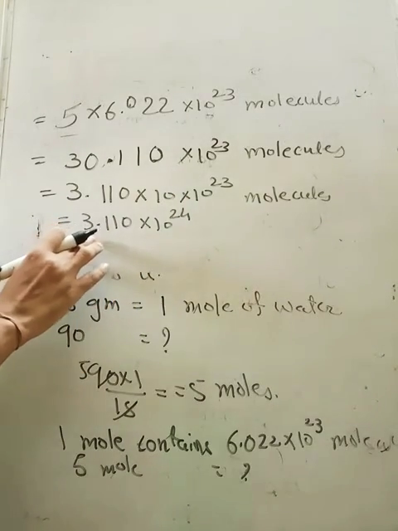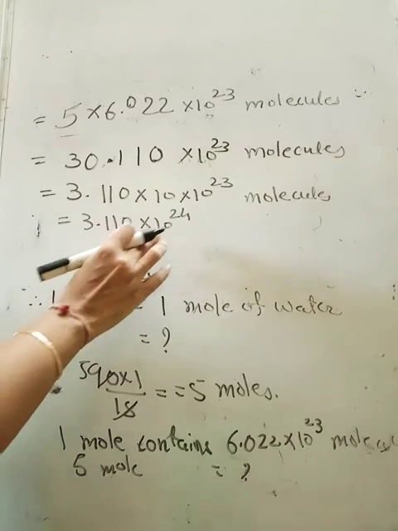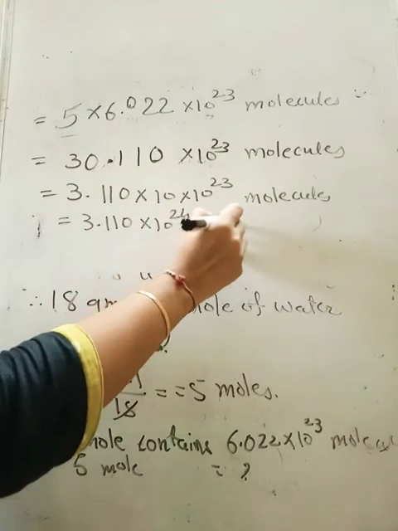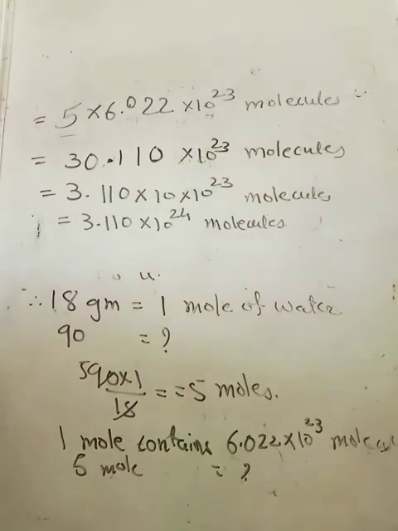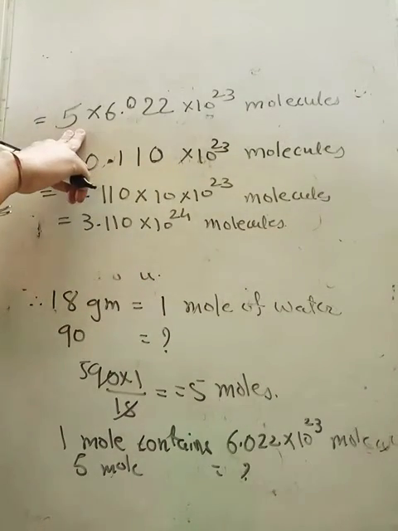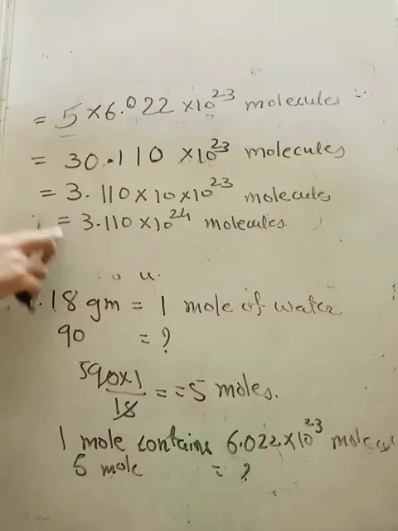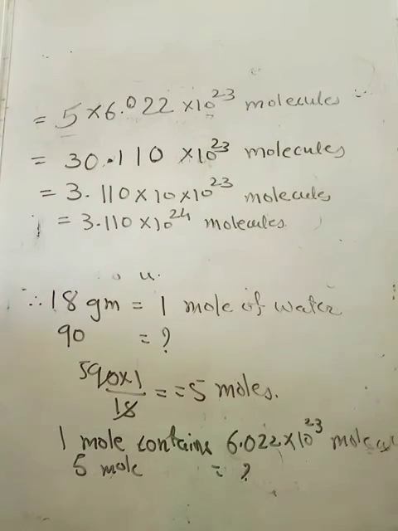So 3.110 into 10 raised to 24 molecules. This is the correct answer. Even if you leave your answer above, that's okay. This is the further guidance given by me. But is the method clear? Yes, miss. Okay, so in this way we will do all of them.